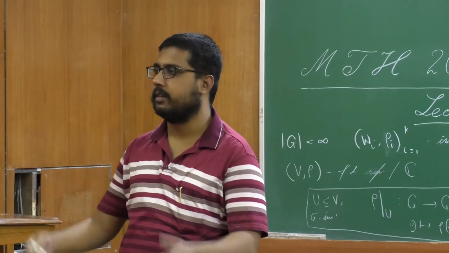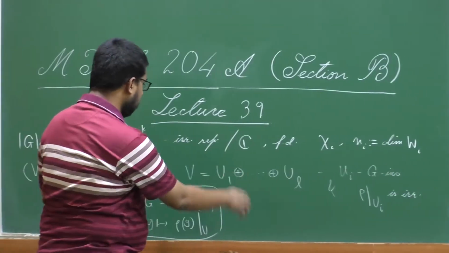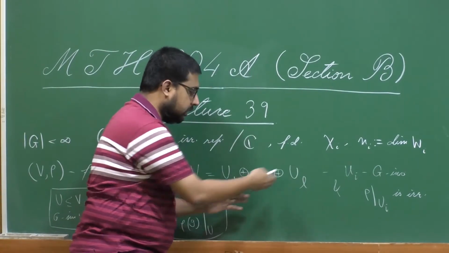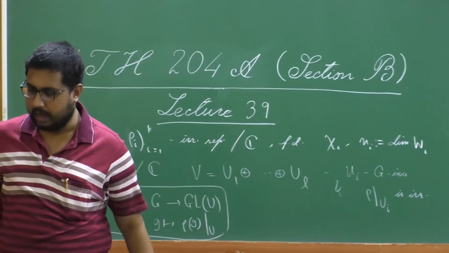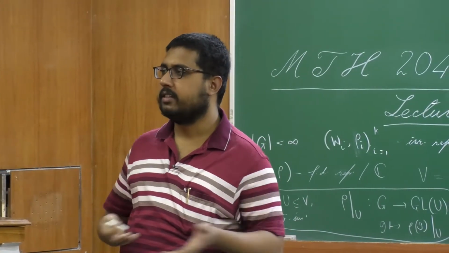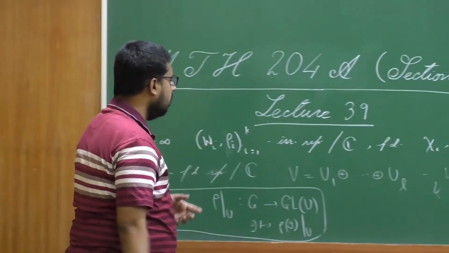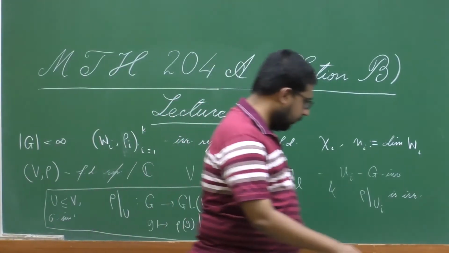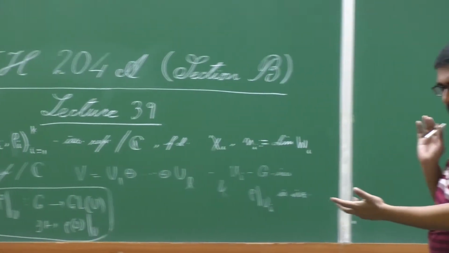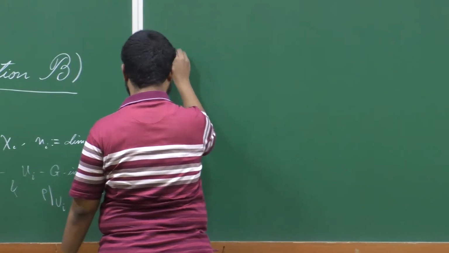There could be several subrepresentations which are isomorphic, so it's not necessarily true that any two subrepresentations here will be non-isomorphic. Therefore we can always collect together the isomorphic subrepresentations and write it in this way.